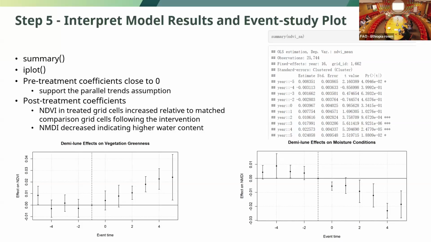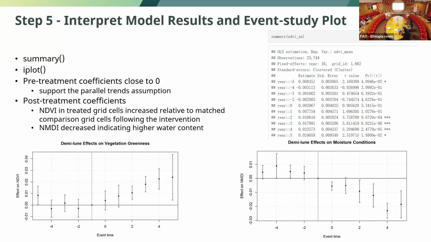We know those Demi-lunes are constructed at different times, right? So they separate those into different groups, calculate the treatment effect for each group, and then average the whole treatment effects together. That's why we have those 1, 2, 3, 4 instead of the actual treatment year.